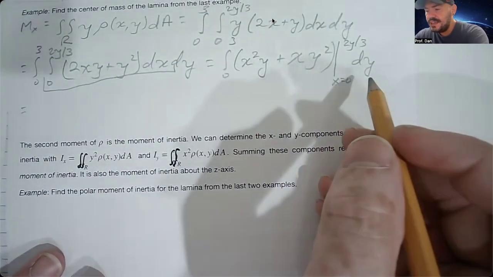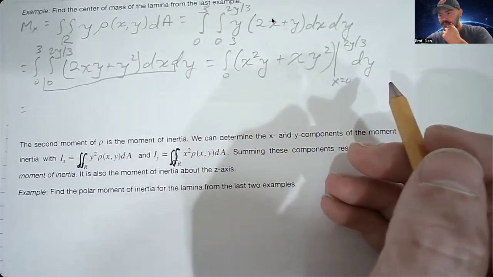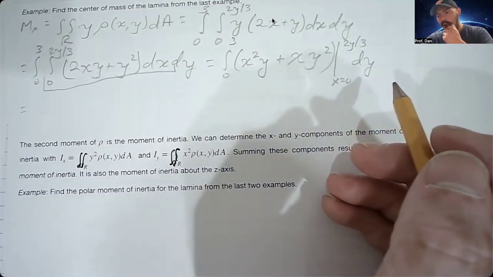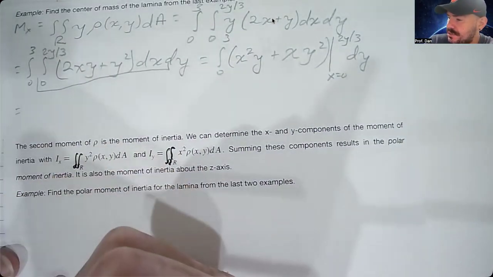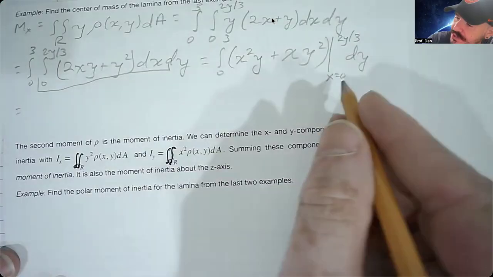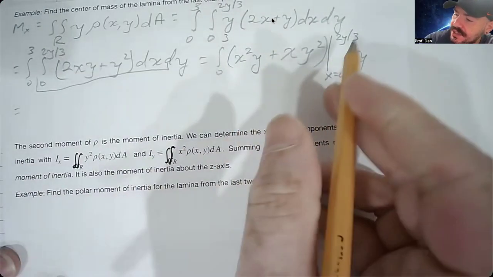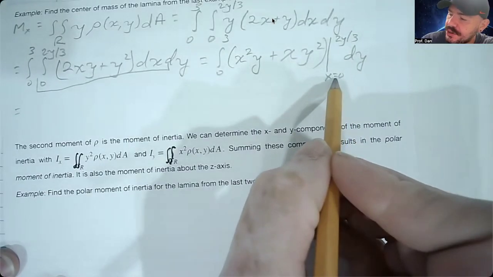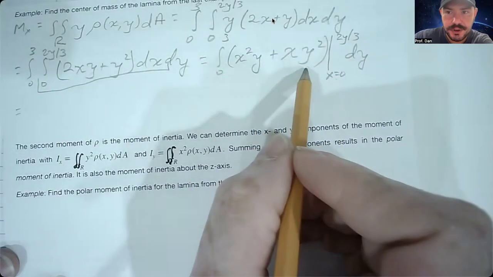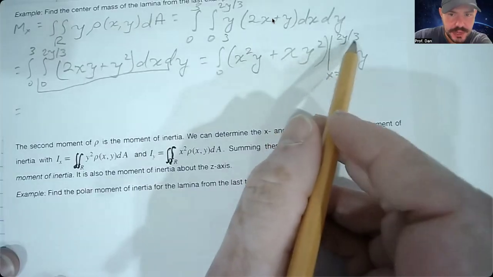All right. And then from there, I really should have left more space for this. All right, then from there, we're going to evaluate our endpoints. So I know if I plug 0 in for x, both of these terms are going to zero out. I only need to worry about 2y over 3.